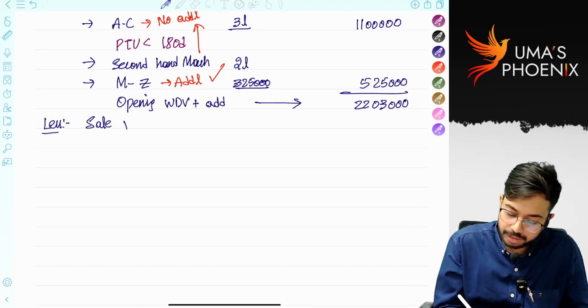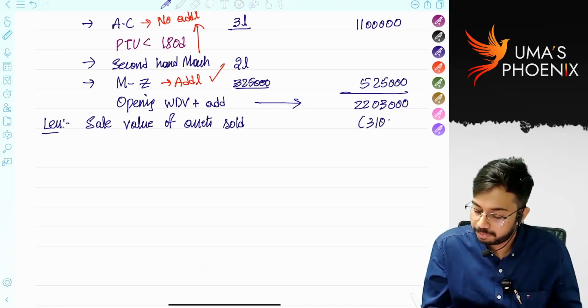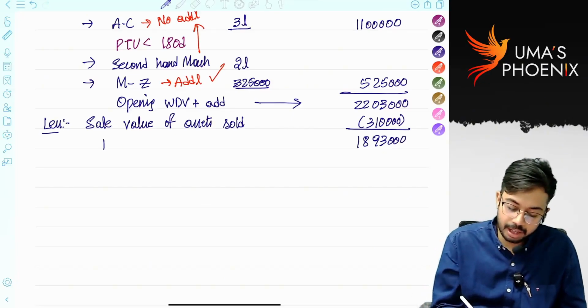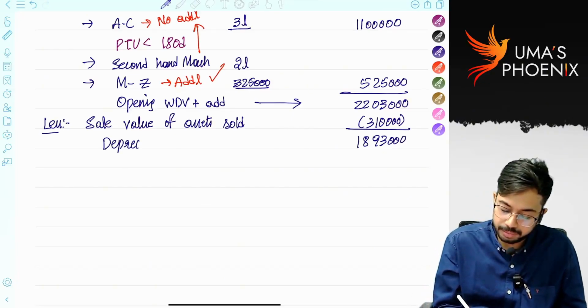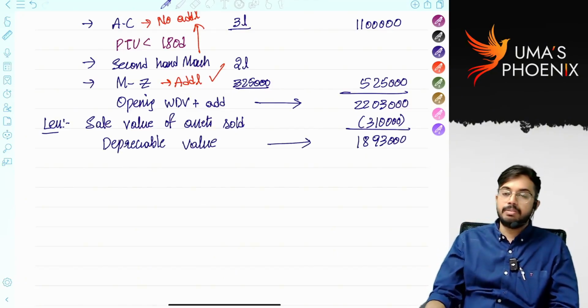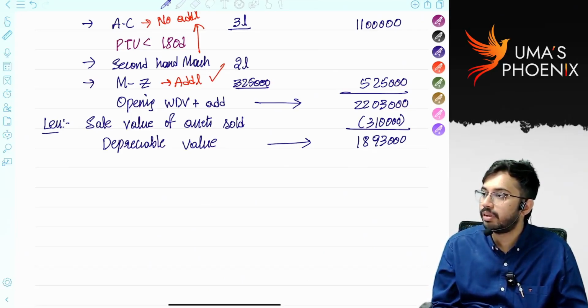How much? 3 lakh 10,000. 18 lakh 93,000. Can we call this depreciable value? This is the amount on which we are going to calculate depreciation, correct? So depreciable value is 18 lakh 93,000, correct?